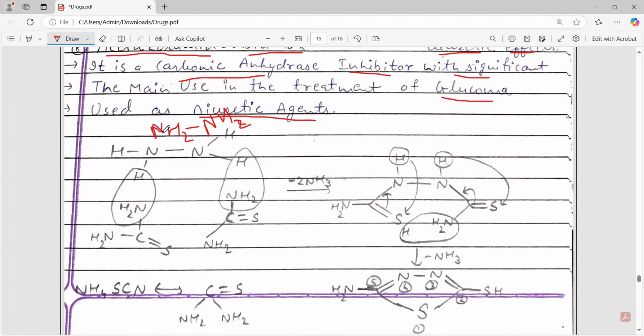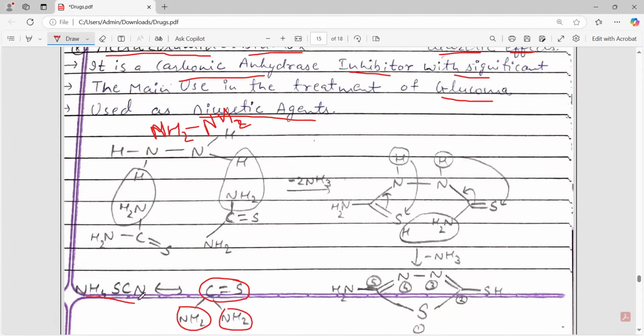It is known as hydrazine, NH2-NH2. So it will react with 2 moles of NH4SCN. Here I am showing you NH4SCN, written as C double bond S, with the NH2 group like this.